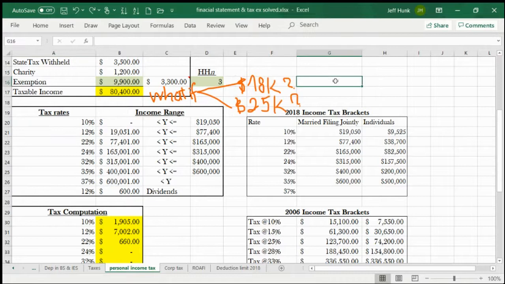And also, your logic should handle the case where it is less than 19K, like 18K. If it is not greater than 19K, this upper bound, then you take the lesser, right? You take the minimum between the two, this and 18K, and just apply this.